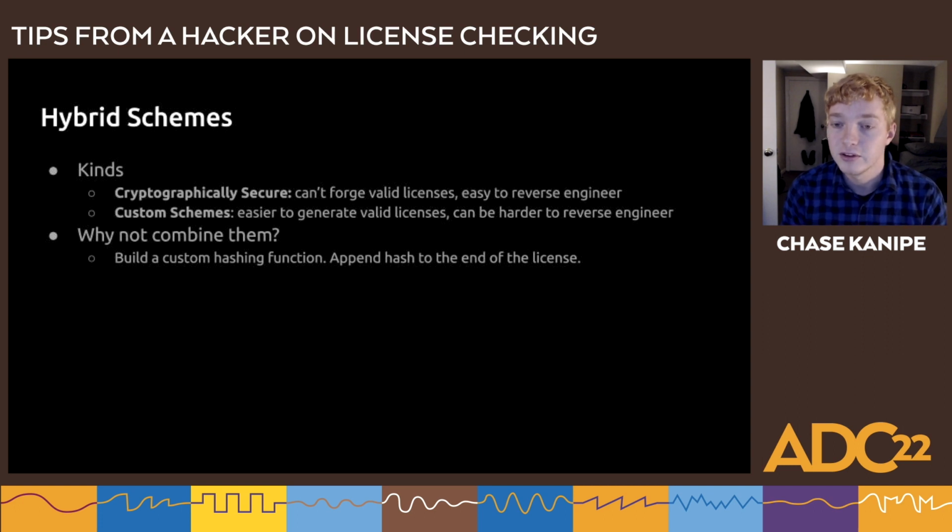But the way these schemes are implemented is usually much harder to reverse engineer because it doesn't use algorithms in the usual way. And so there's a lot more manual work required to understand how these schemes work before you can generate or forge a valid license.